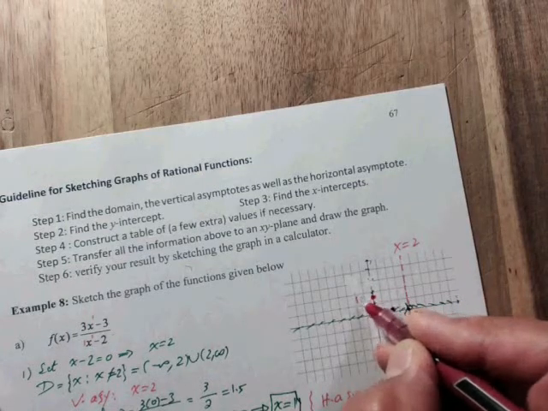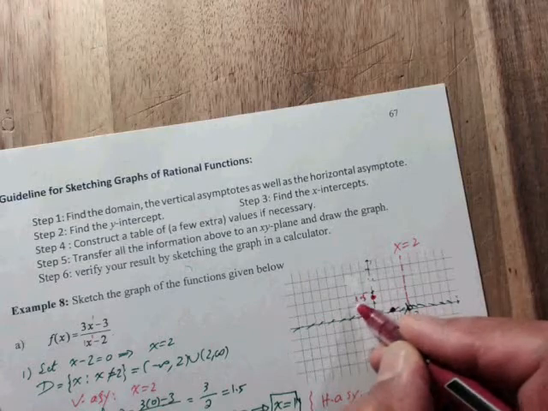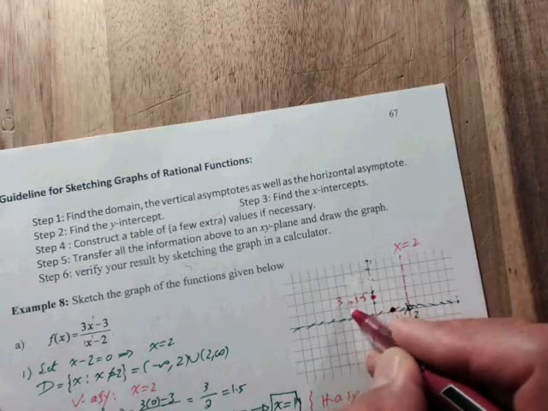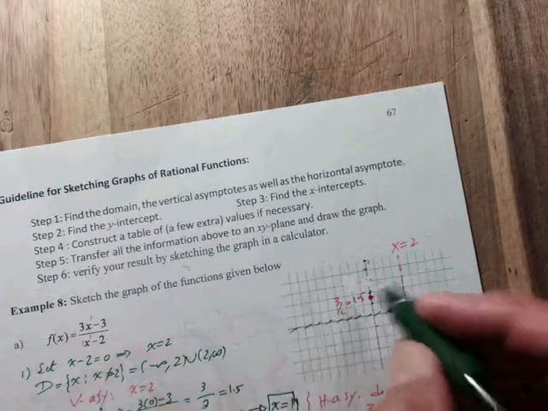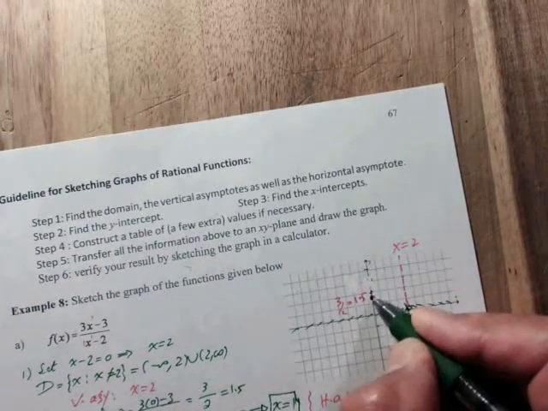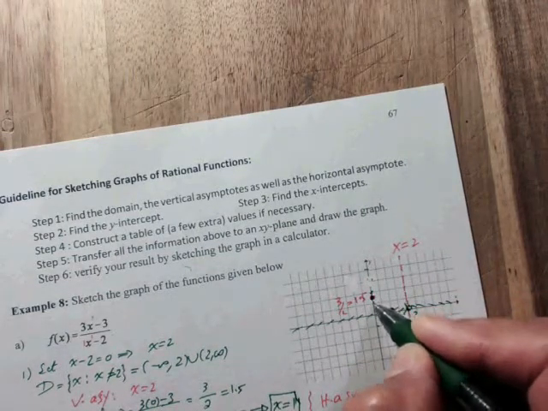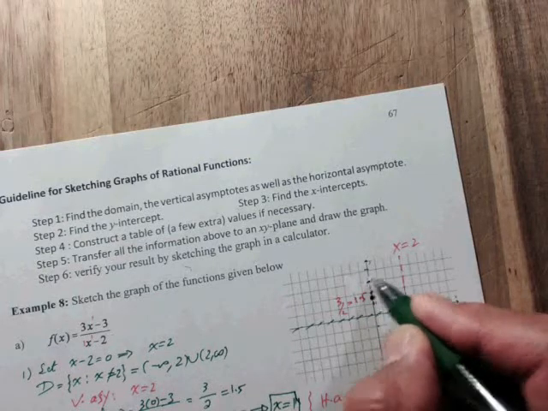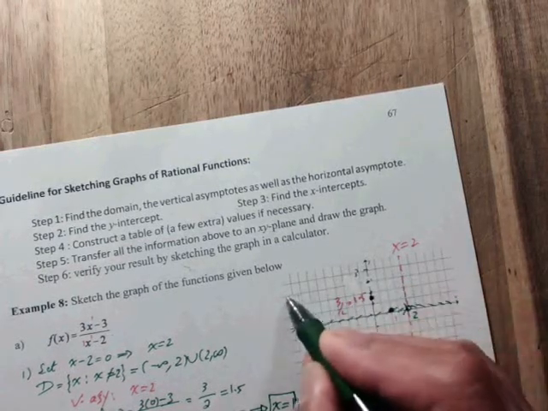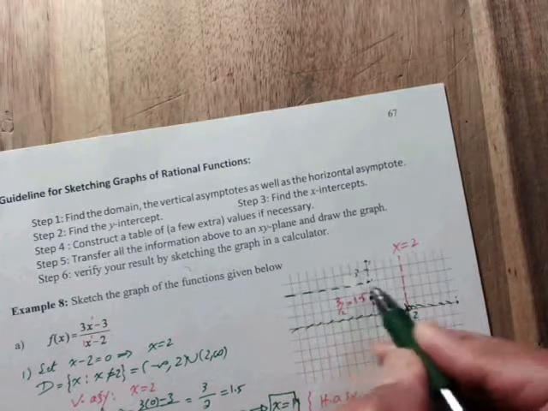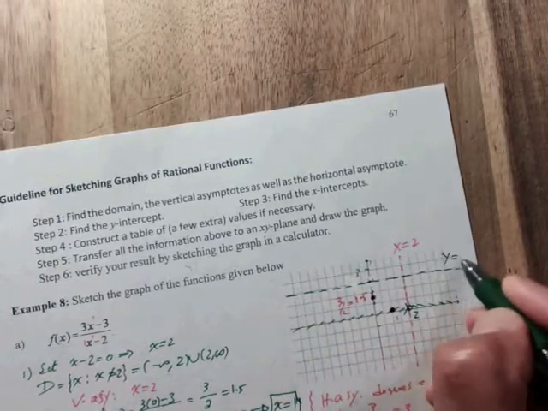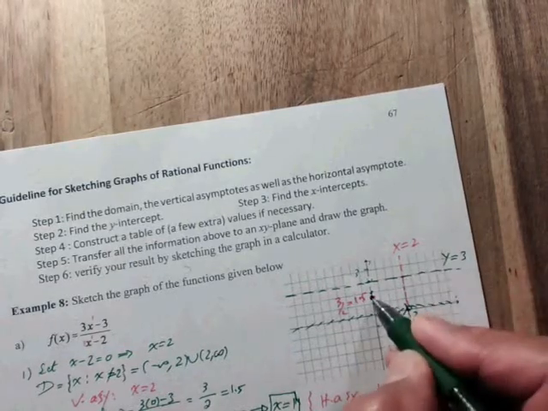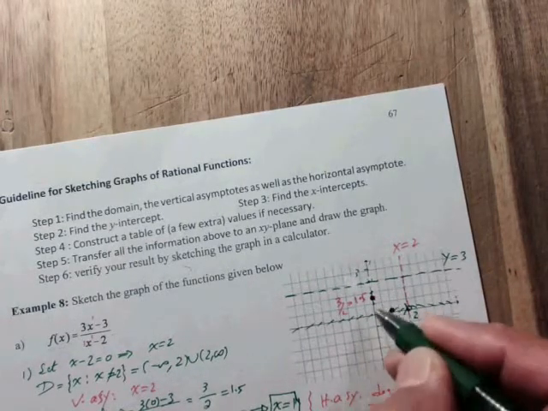This is 1.5. This is 3 half. But this is the y-intercept. I changed it. I'm using each unit as 1. 1, 2, 3 right here. This is 3. Horizontal asymptote is at 3. So y equal to 3. And this point is the y-intercept.